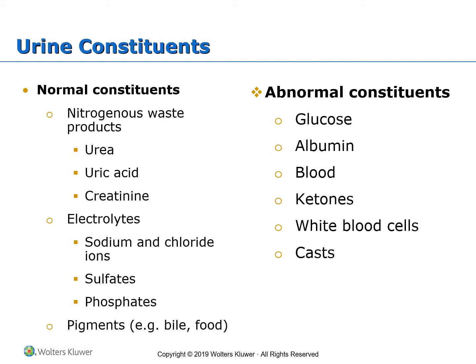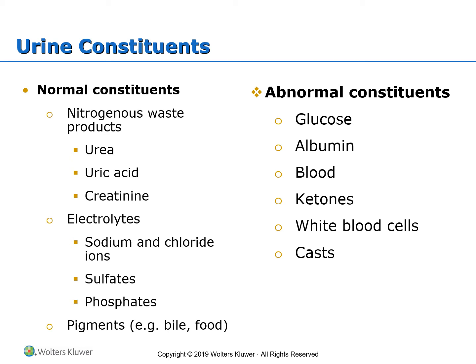We have urea, which is formed from the amine group that is released in the processing of proteins. We have uric acid, which is the byproduct of breaking down purines, which are found in nucleic acids. And we have creatinine, which is also a product of destruction of proteins and especially muscles.